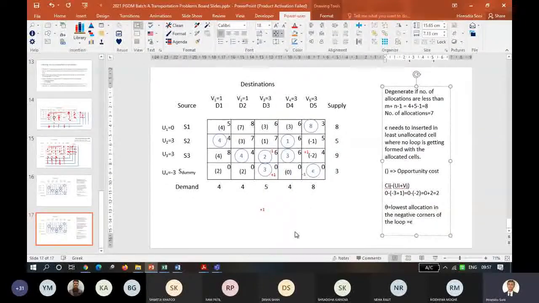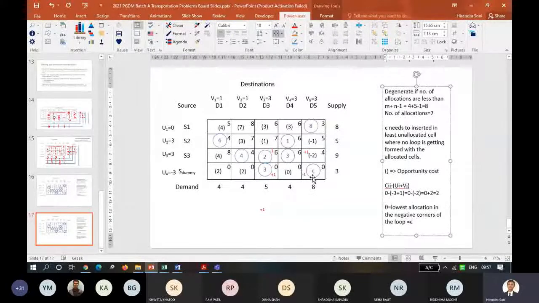Theta would be epsilon. Now what is happening here is, if I add epsilon in this cell, okay, there is no allocation. So 0 plus epsilon would be epsilon. What about this? 2 minus epsilon will remain as 2. 3 plus epsilon will remain as 3. And epsilon minus epsilon will actually get eliminated.